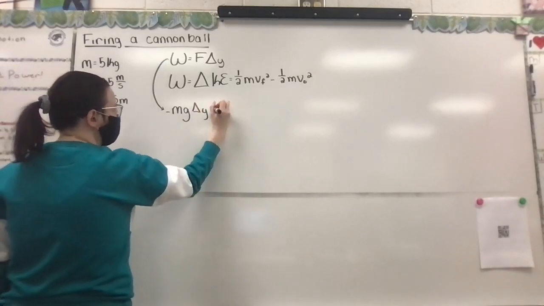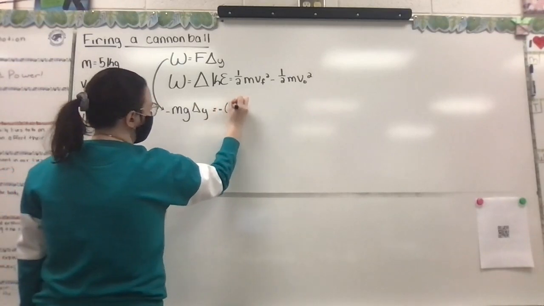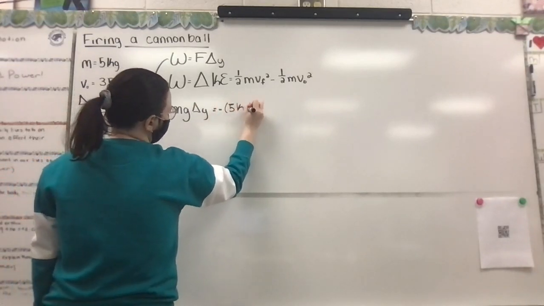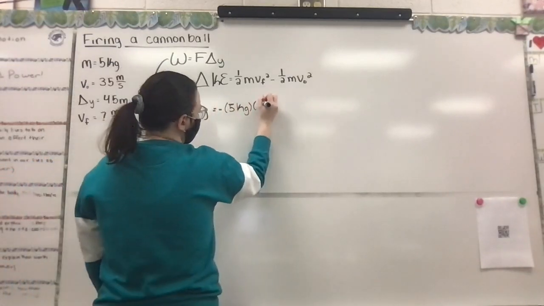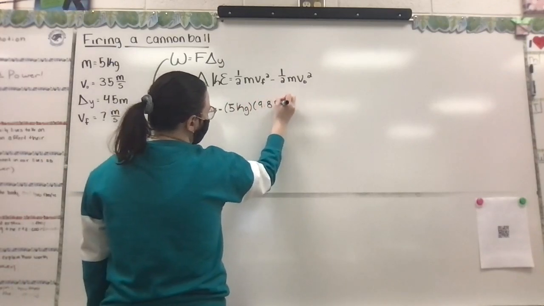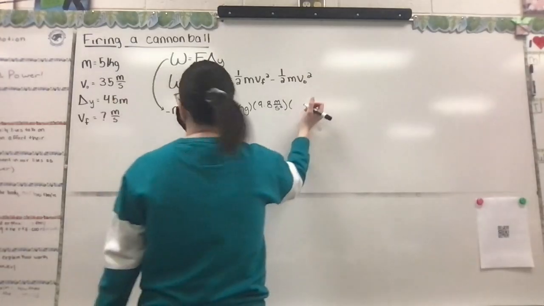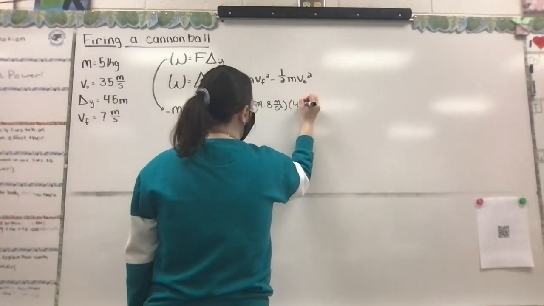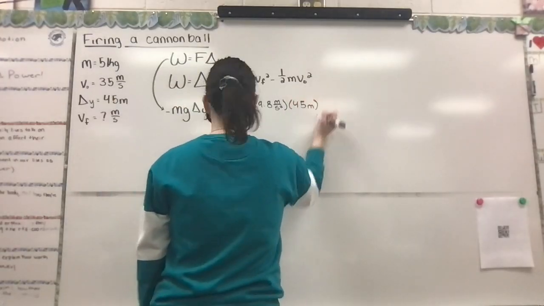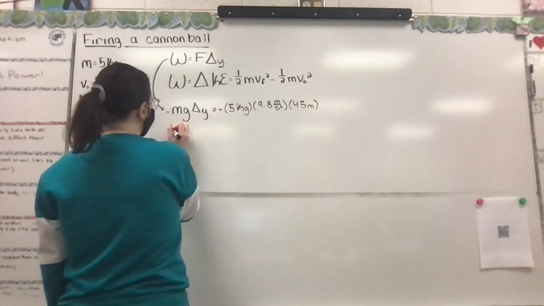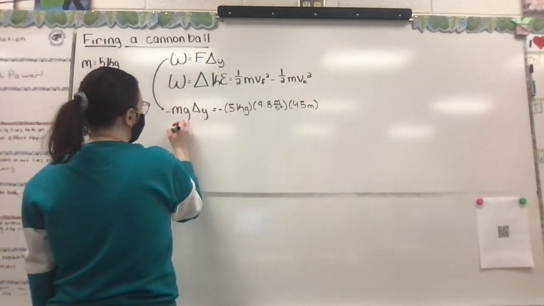So we're going to say negative 5 kilograms times 9.8 meters per second squared times our delta y of 45 meters. So let me know what our work is.